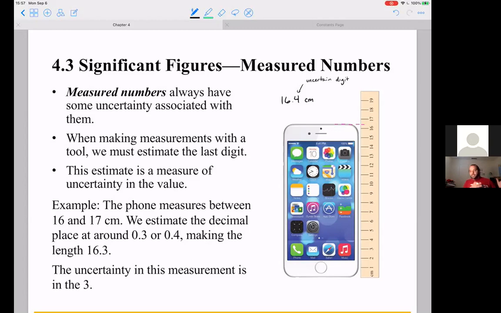That last digit is the one that I'm not exactly super confident about. I know it's between 16 and 17, right? That's pretty obvious. But that last digit, I'm a little uncertain of. And that's a big thing about chemistry and numbers: when you're writing down a measurement, the digits that you include say something about the certainty of that measurement.